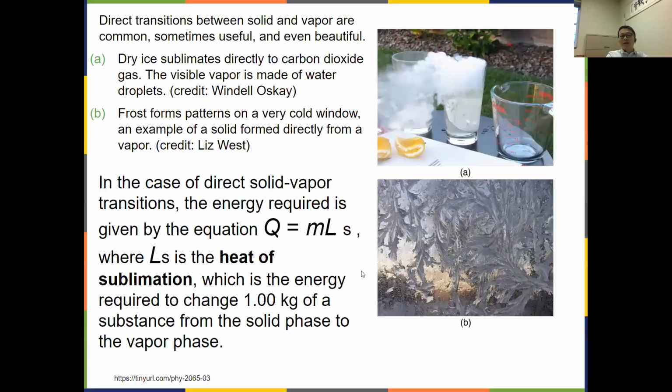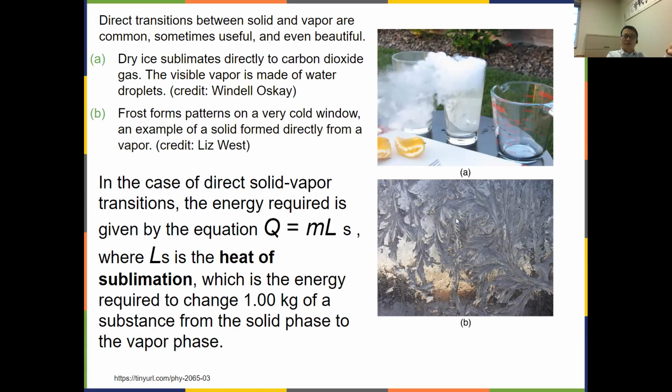You could also have a phase transition directly from solid to vapor. For example, dry ice can go from solid form to vapor directly. Or the other way around, vapor becomes solid directly.